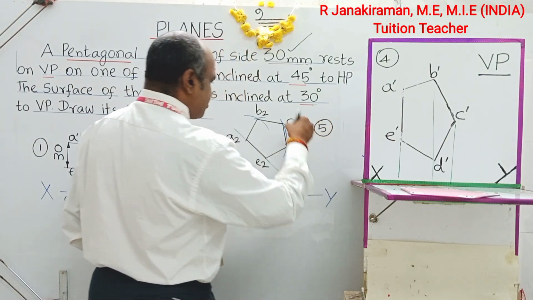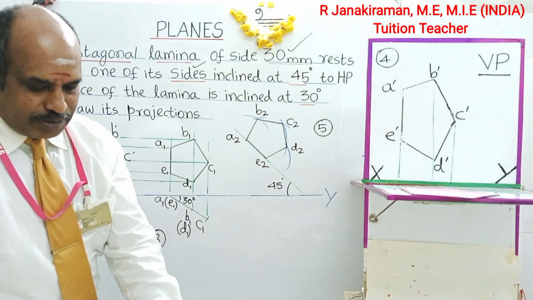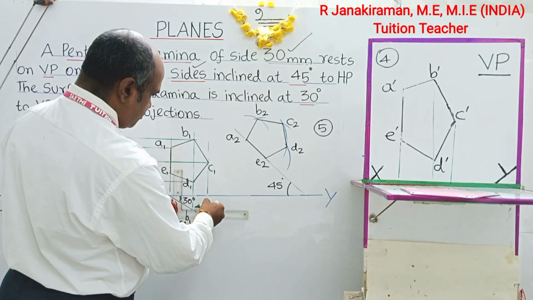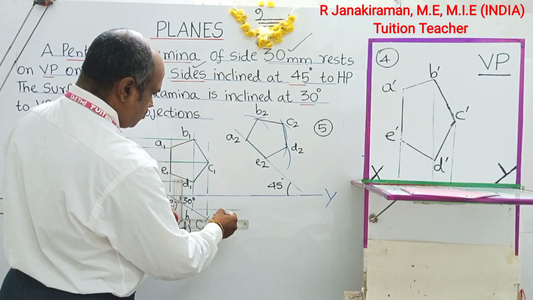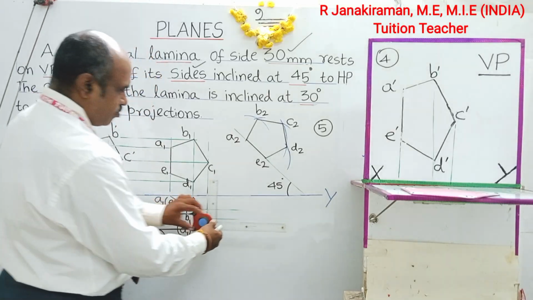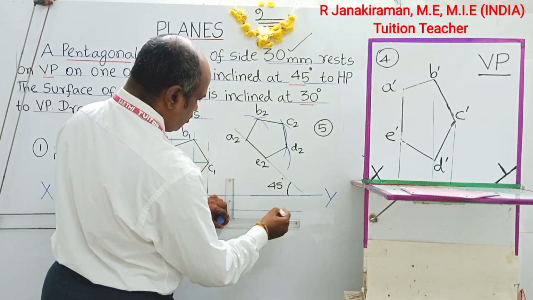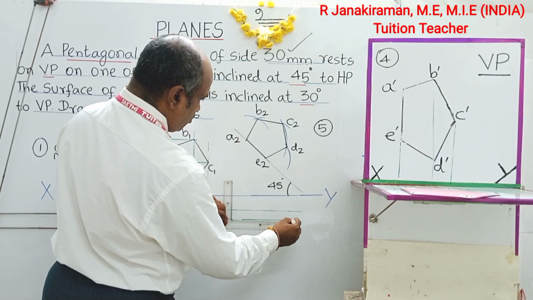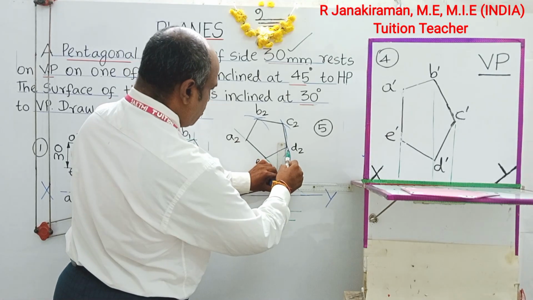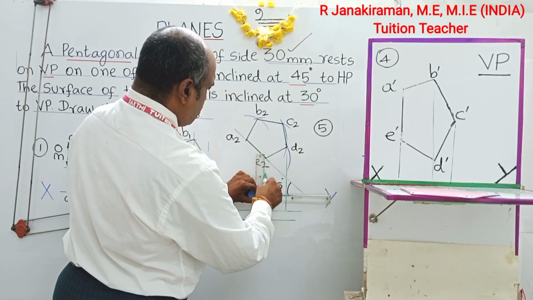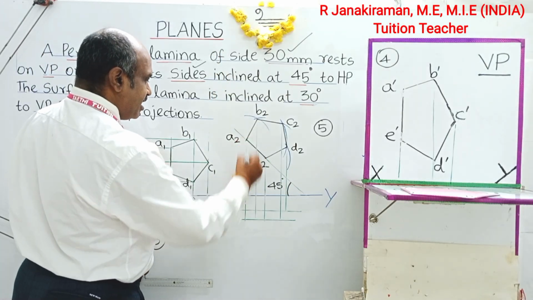Next we go for the corresponding top view. Take a 2H pencil and draw vertical and horizontal projectors. Horizontal A, vertical A intersection here.